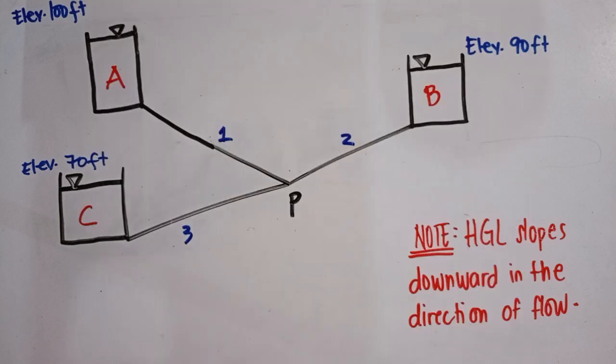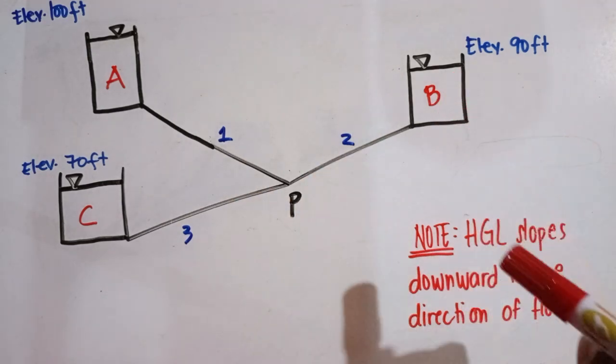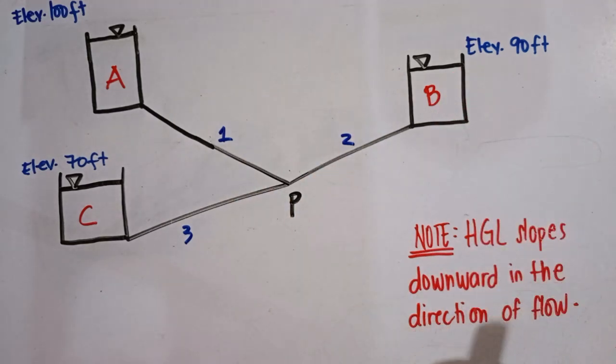So here in the figure, we have reservoirs A, B, and C at elevations 100, 90, and 70 feet respectively. At first, we don't have any idea about pipe 2 or reservoir B, whether it will receive water or give off water. We can do trial and error, but it's a waste of time.